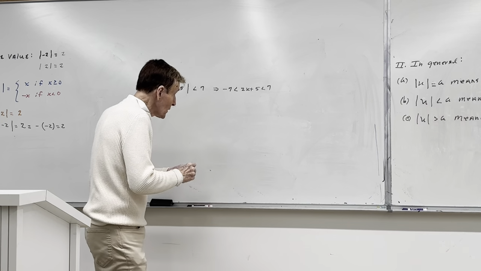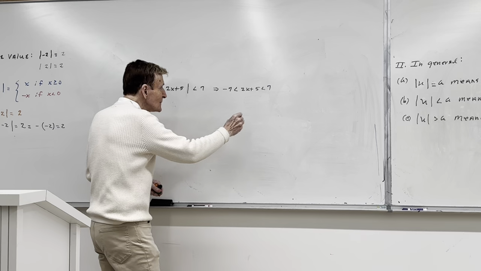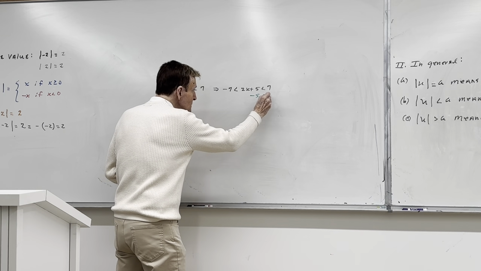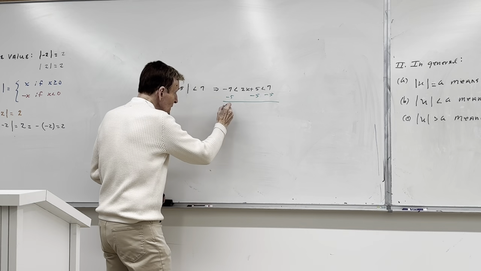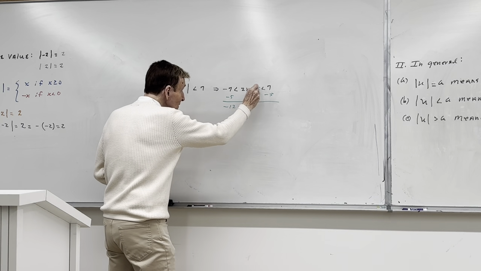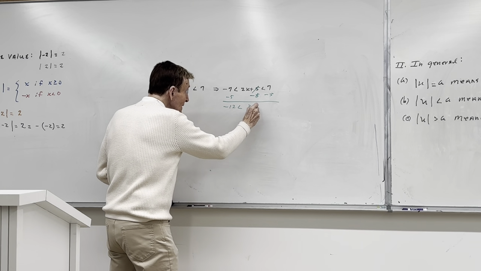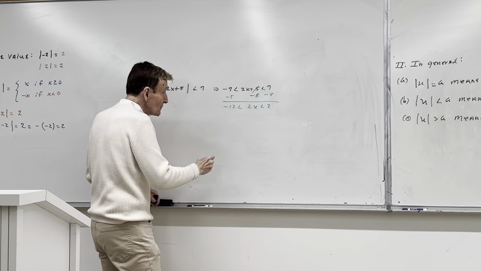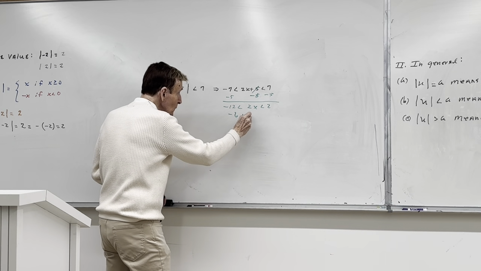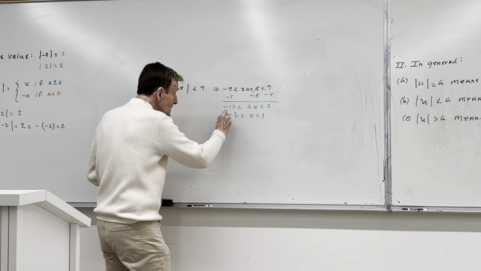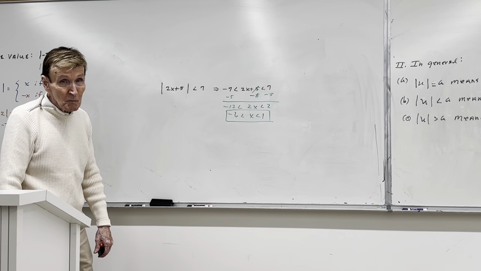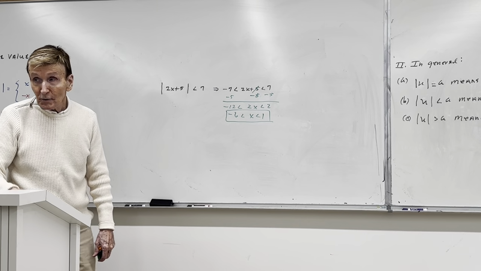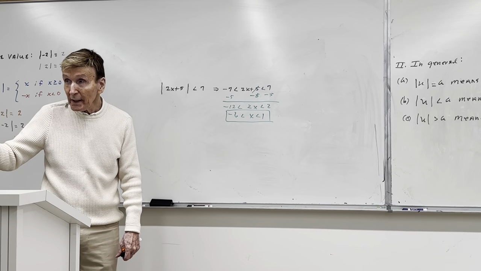Now to solve for x, easily done. Subtract 5 from all three parts. I'm going to end up with negative 12 less than 2x less than 2. Divide by 2. Do it quickly because it's not that hard. If my arithmetic is correct, there's the answer. Watch out for it, don't let me make a mistake.